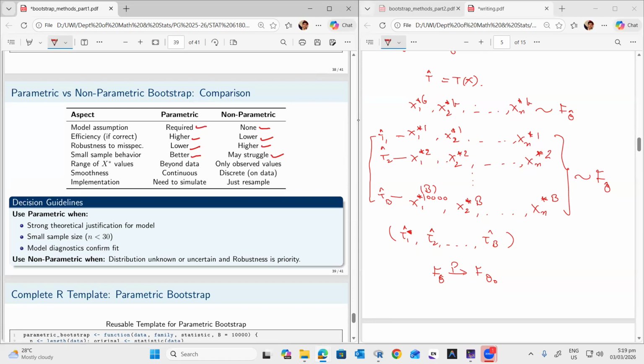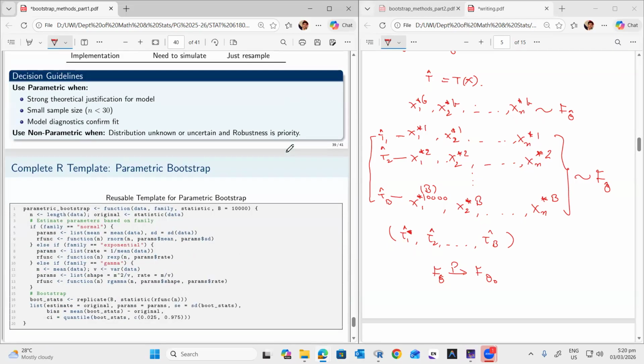And when the model diagnostic confirms the fit, meaning the diagnostic tests tell us whether the model fits the given data or not. Use non-parametric when the distribution is unknown or uncertain, or when robustness is the priority.